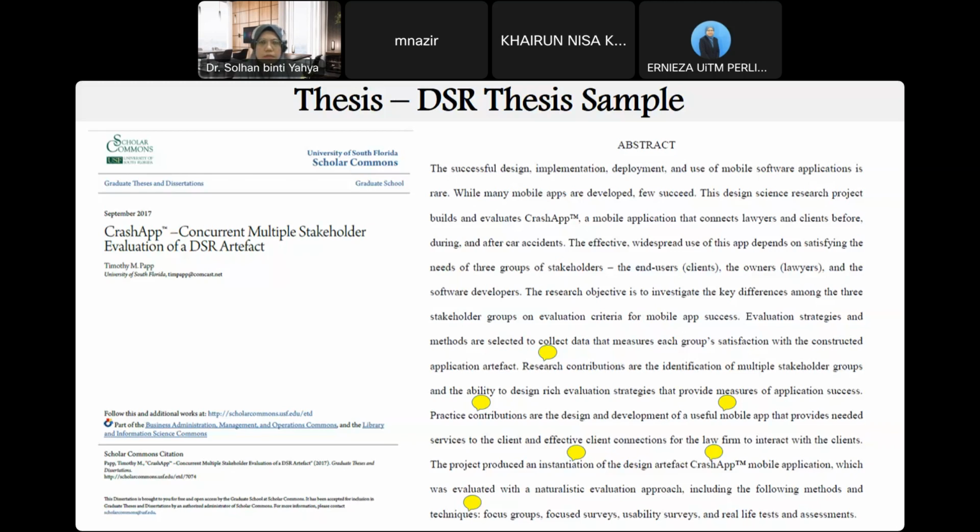His PhD is about development, about developing a prototype called the CRASH app. The business problem comes from the issue of stakeholder evaluation. At the time of his thesis writing in the US, he claimed he introduced the first CRASH app.